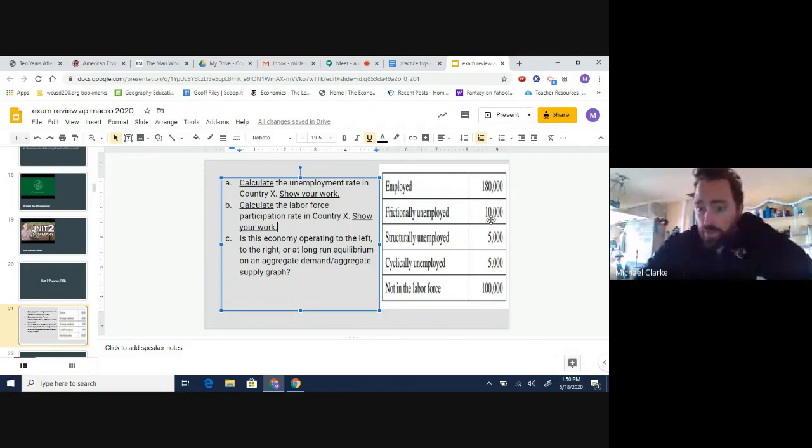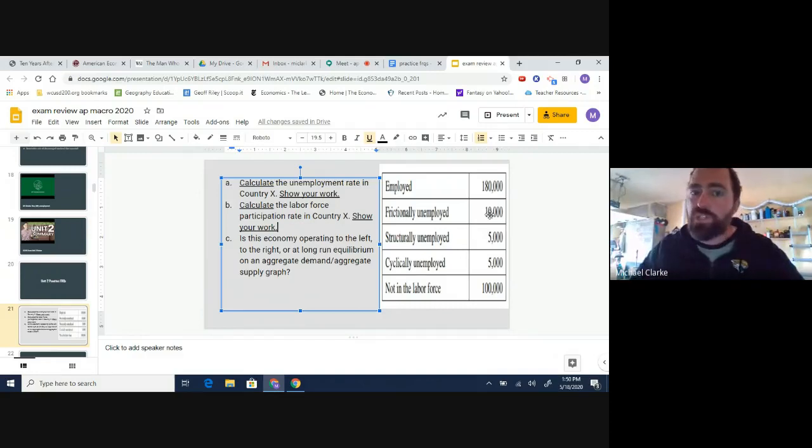So who's unemployed here? Well, you got 10,000 people who have either had fights with their boss or are in between jobs, 10,000. People whose skills are no longer needed, 5,000. And people who are laid off because there's a recession, 5,000. So 10 plus 5 plus 5 is 20,000. So 20,000 is your unemployed.